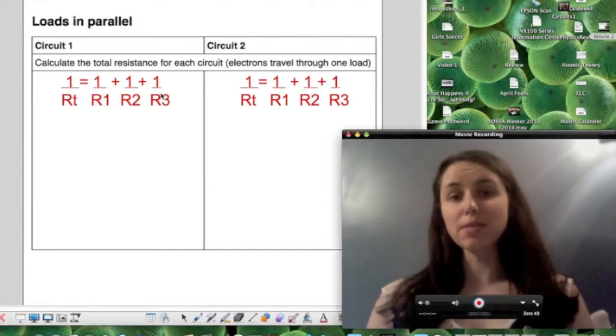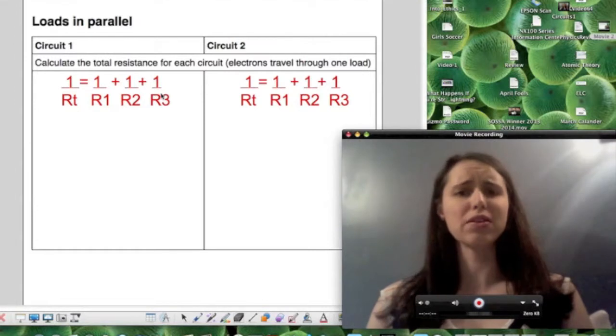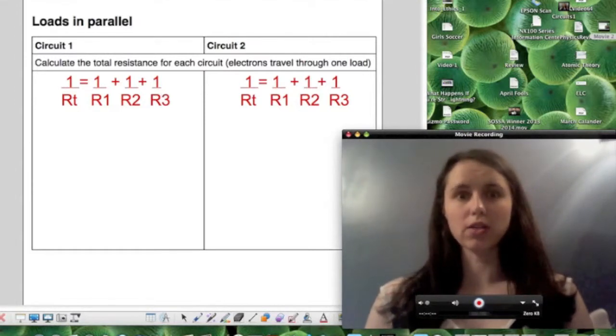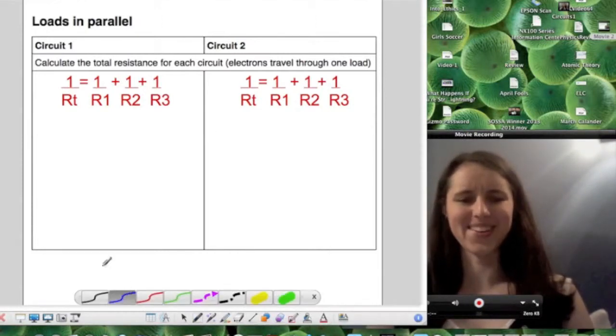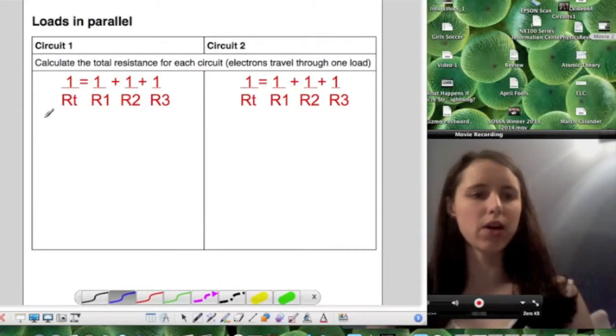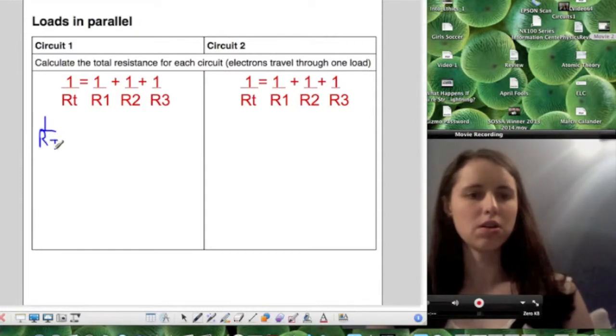We can already simplify this because circuit 1 has what? It has one load, right? So we don't have to look at R2, we don't have to look at R3 for circuit 1, we only have to look at the first resistance, right? So let's pull up my pen. There we go. So we know that 1 over RT is going to be equal to 1 over R1.